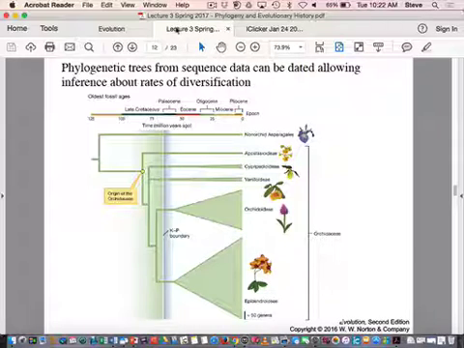Something happened about 65 million years ago. Anybody know? Yeah, dinosaurs. And then what happened to them? Right. So at the KT boundary, there was a huge asteroid event that caused huge widespread extinction in lots of different taxa and organisms.